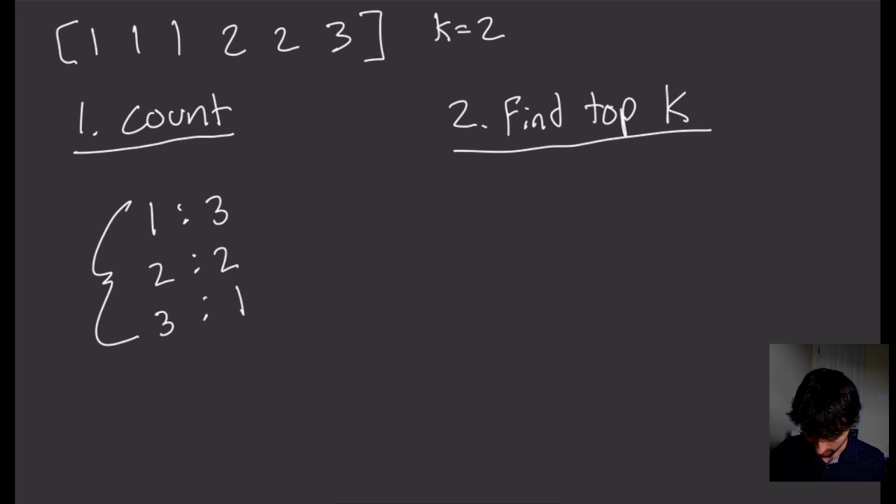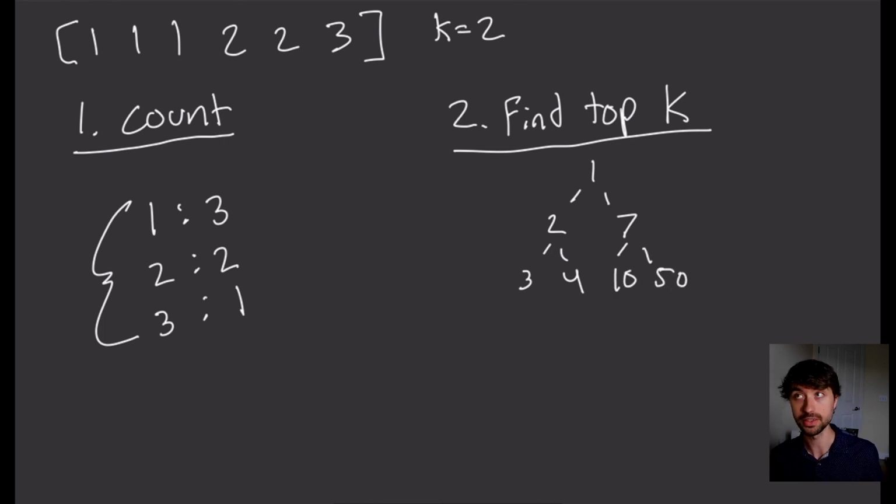So for instance, we could have a 1 at the top, a 2 here, a 7 here, we could have a 3 here and a 4, here we could have a 10 and a 50. The only requirement is that the children of a root have to be larger than it. So this is just one example of that.